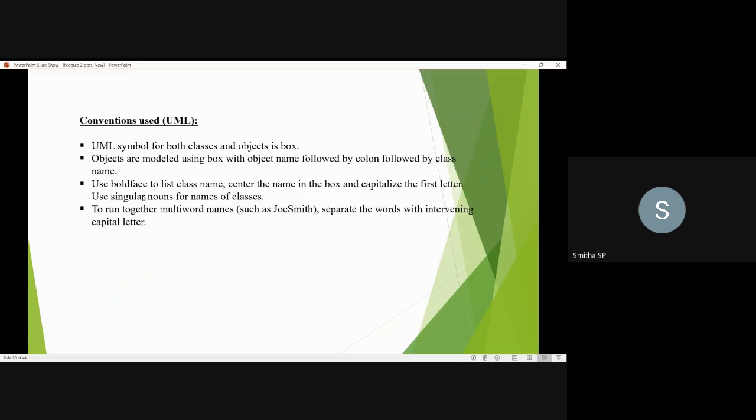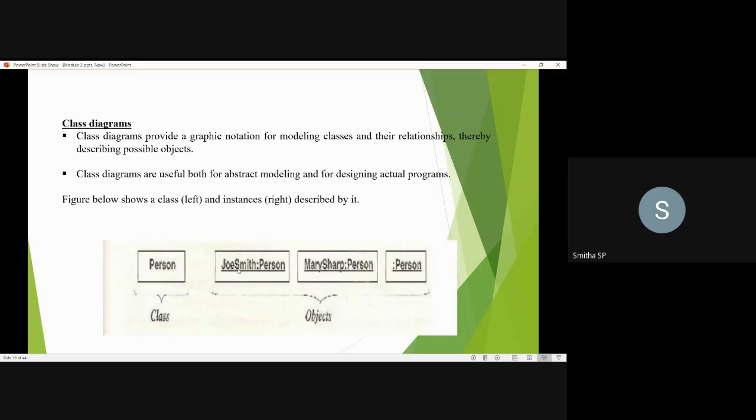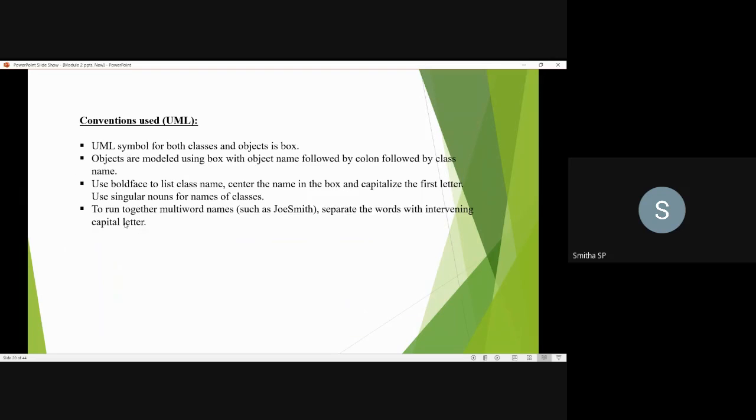Next, use boldface for a class name, center the name in the box, and capitalize the first letter. You can see here the class name is in boldface, starting with an uppercase P. This is what the UML convention says.